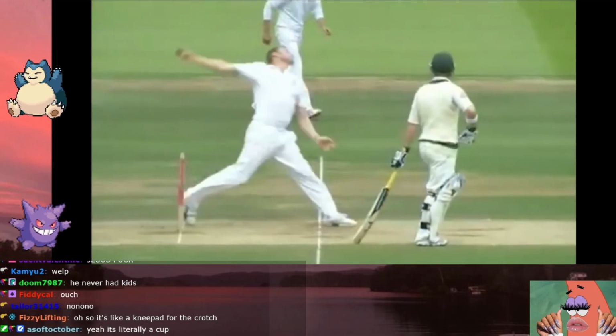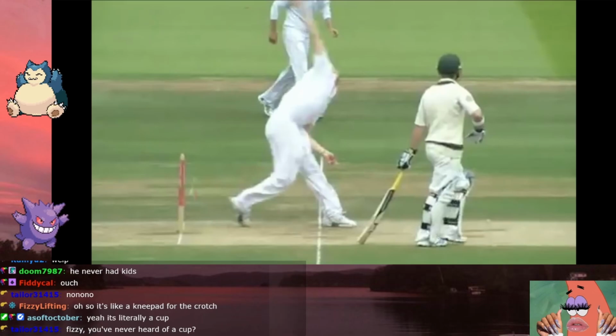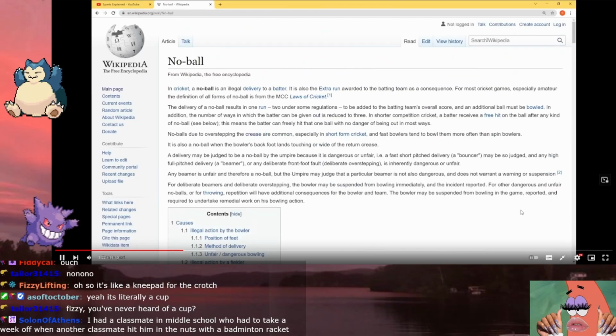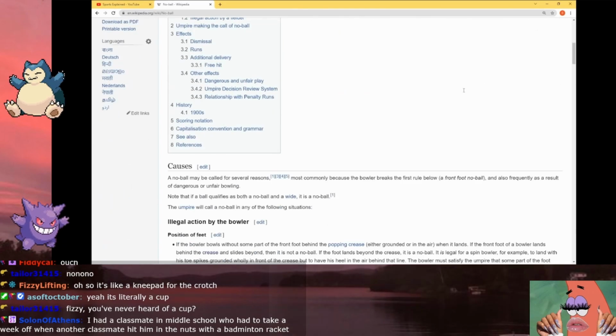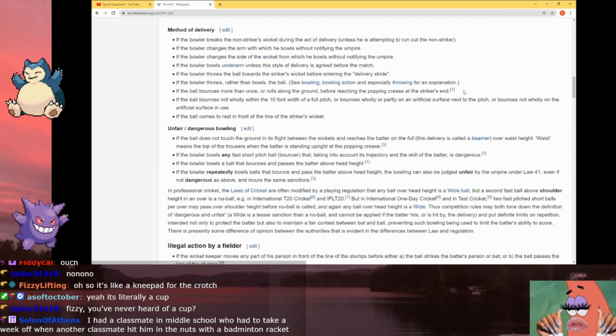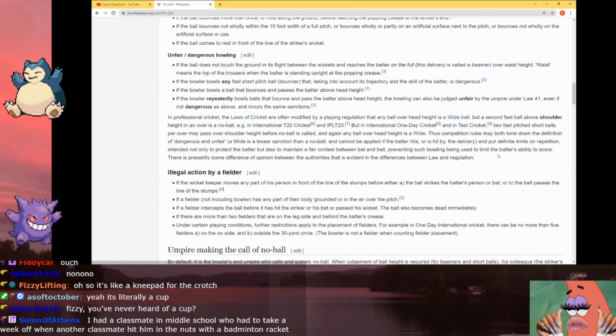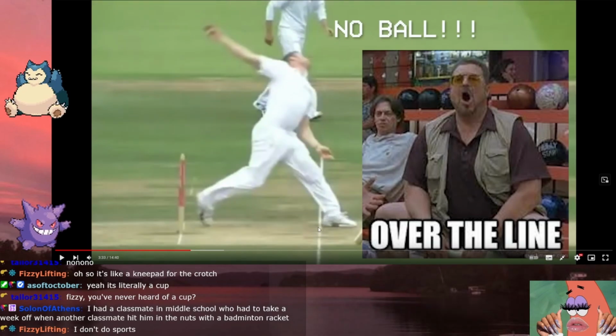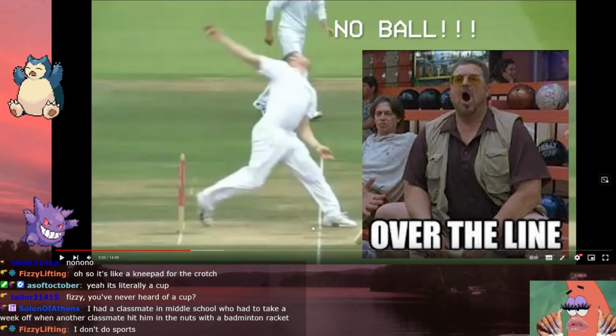Something in cricket called a no ball is when the umpire has determined that the ball has been delivered illegally. There are a couple dozen different reasons why an umpire might call a no ball. If the umpire calls a no ball, just like a wide, 1 run is awarded to the batting team. This is the most common no ball, where the bowler has stepped fully over the line with their foot. There's no part of their foot that is behind the line.